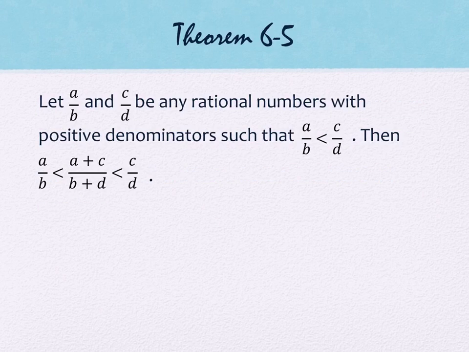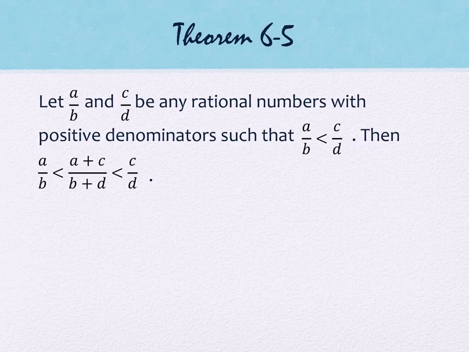But there's actually a really cool, clever way to do it too. And it's this one right here. So this is Theorem 6.5. It says, if you have two rational numbers, a over b and c over d, and they have positive denominators, okay, so if the denominators aren't positive, if they're negative, make the numerator negative instead. So keep the negatives on top. Keep the negatives off the bottom.